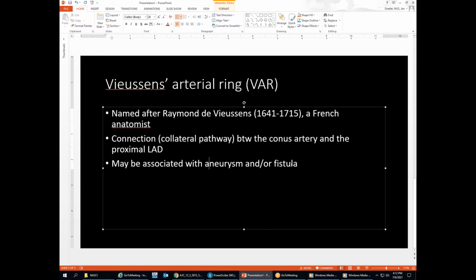We have aneurysmal dilatation with visualization to the pulmonary artery. This patient went for a CABG, and this was all sorted out in the OR, and the patient recovered well.